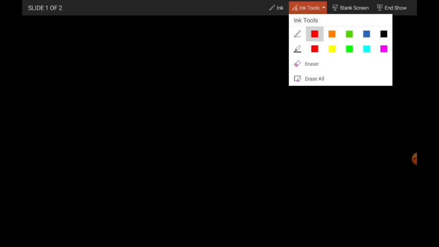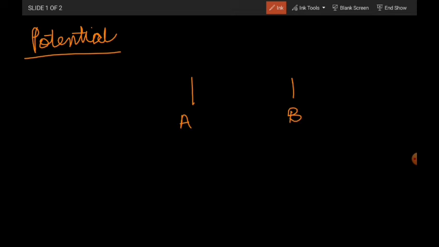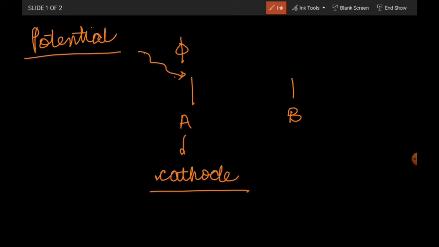Now let us see one important concept, what we mean by potential. This is very simple. Here we have plates A and B. Suppose plate A is the cathode, and it is illuminated by a suitable light frequency which can at least emit electrons, meaning it has that work function.